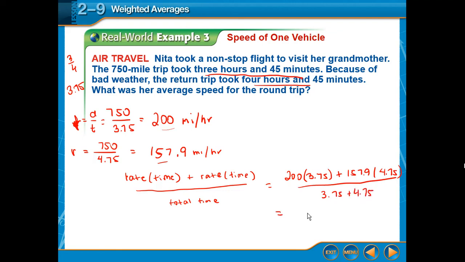Simplifying the top, we get 1,500, and simplifying the bottom, we get 8.5. So 1,500 divided by 8.5, we get 176.47 miles per hour. So that is her average speed for both trips.